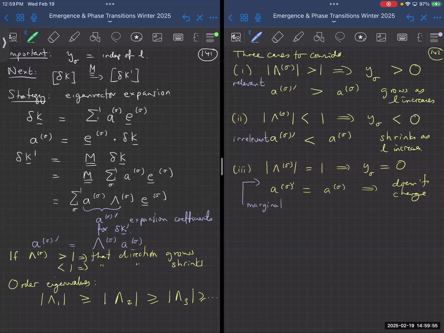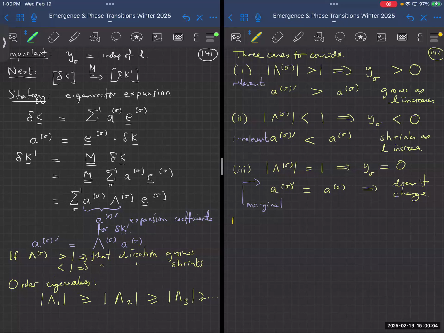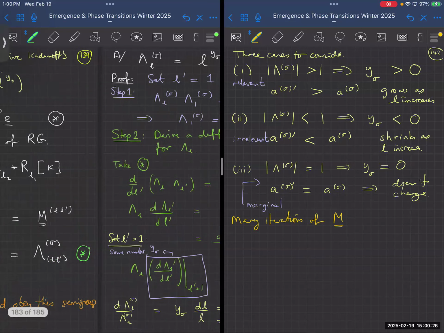Now, why do we use those terms? Well, think about what's going to happen as we do many iterations. We're going to be doing many iterations of our renormalization group transformation, and we're still going to be in the linear regime.